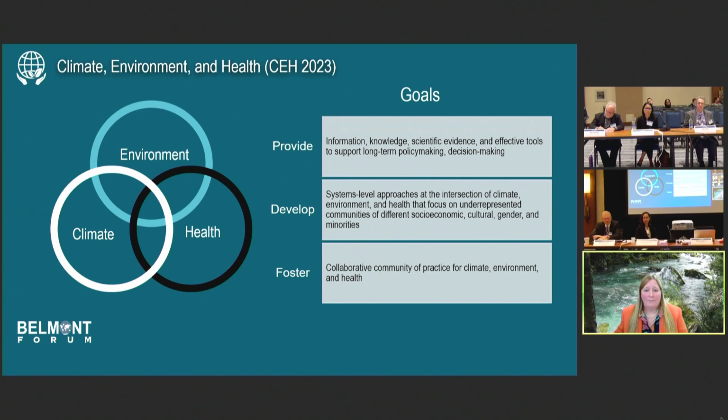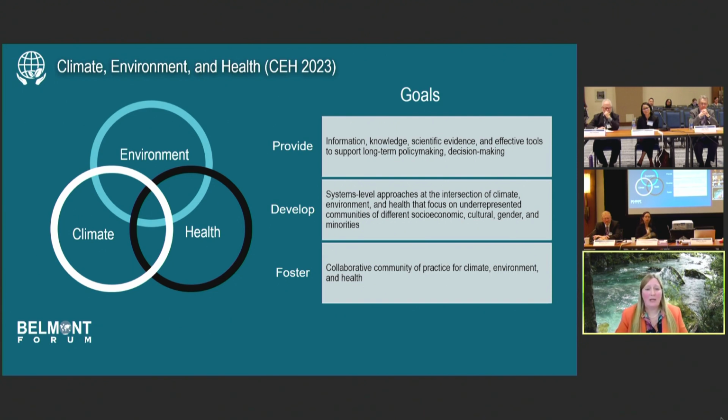So we want then to provide information or knowledge, scientific evidence, and tools that are going to help support long-term policy making and decision making. I think we're on the same page as Jim here with the systems level approaches at the intersection of climate, environment, and health.